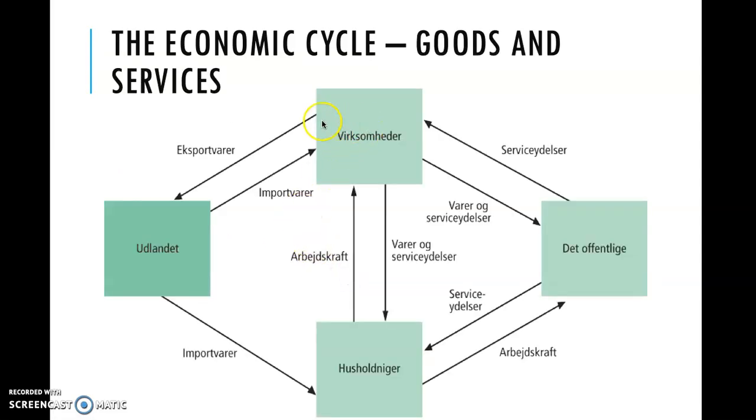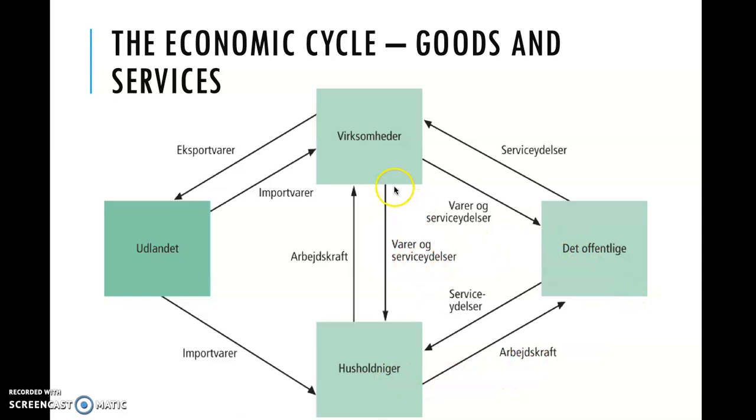If you see the economic cycle, you have the companies here, public institutions, households, and the outside DK here. And we see export goods, import goods, services, goods going from the companies to the public, services that go from the public to households, people, employees go from households to the public.